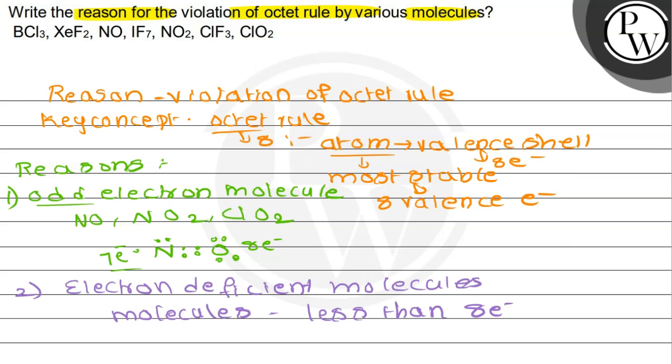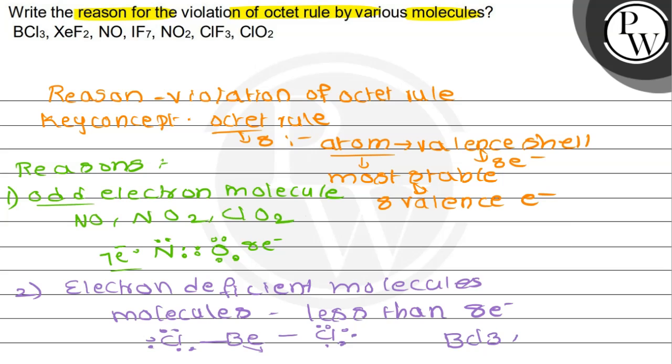For example, the most common example, BeCl2. Whenever we see BeCl2, around the beryllium only 4 electrons are present. So it is electron deficient. BF3, BCl3. One more example, BCl3.